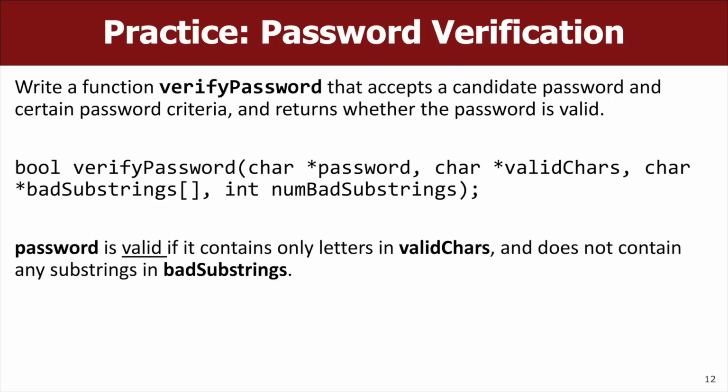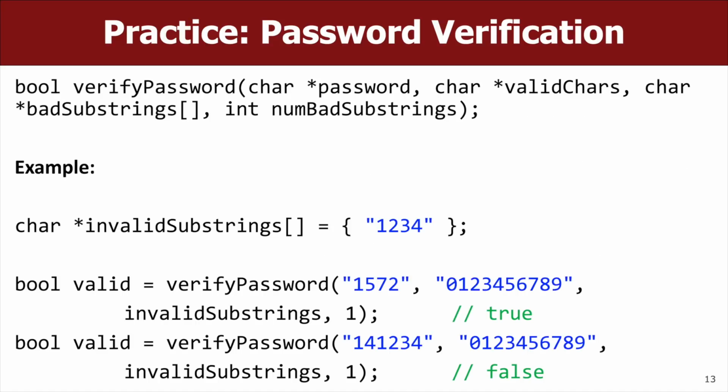So let's see some examples of usage. If we made an invalid substrings array, for example, maybe we want to prohibit the user from having the substring 1234 in their password. If we call verify password on the password 1572, and we only permit them to have passwords containing the digits 0 through 9, this would be a valid password and it would return true because the password contains only these characters and it does not contain 1234 as a substring.